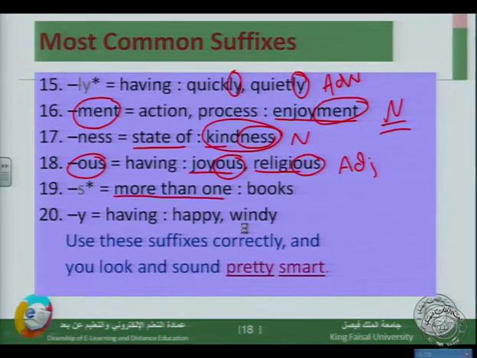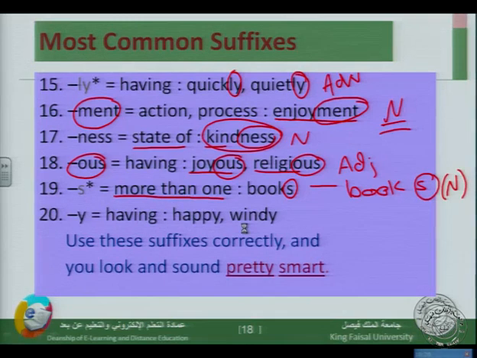We use it to pluralize the singular countable nouns. For example, what is the singular countable noun of books? It is book. We add the s to pluralize it, to make it plural. Okay? Words ending with s are usually nouns.